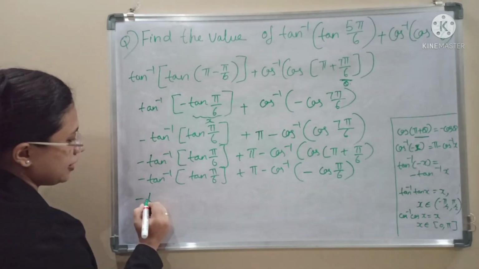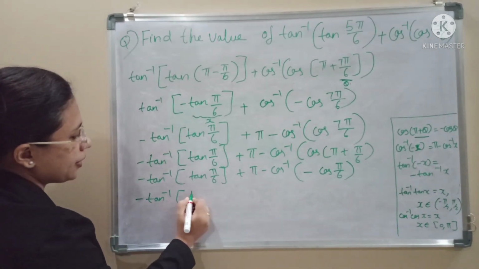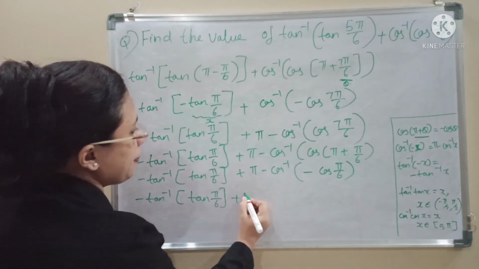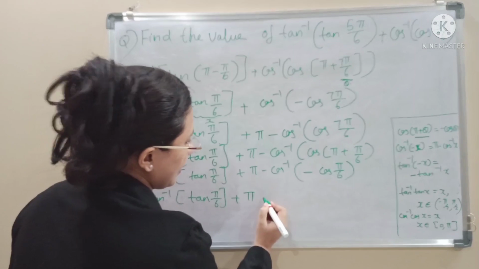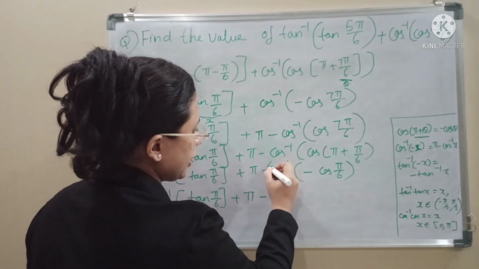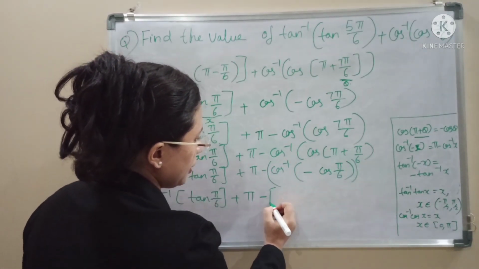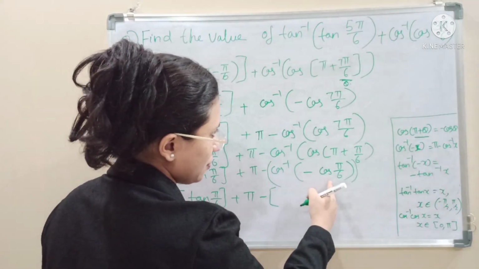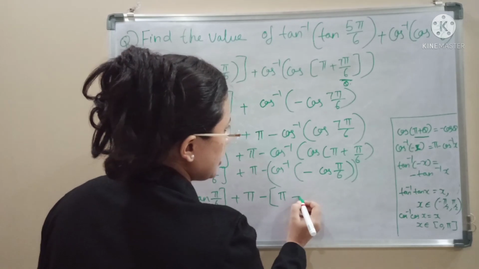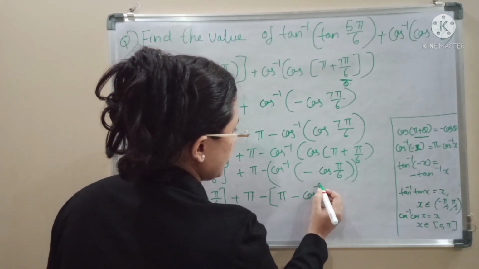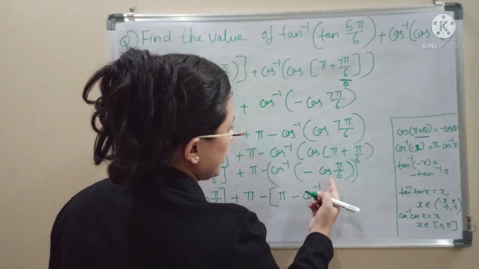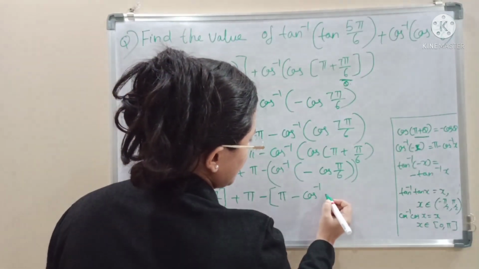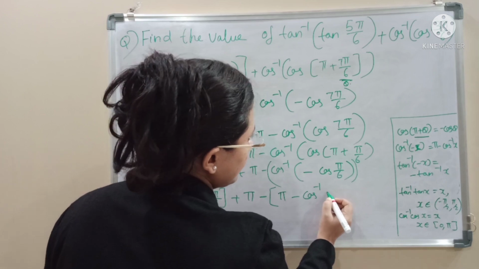So minus tan inverse tan π/6 plus π minus, so we are taking this part, maintain a bracket there. So cos inverse of minus x will be π minus cos inverse x. So this is our x, right?